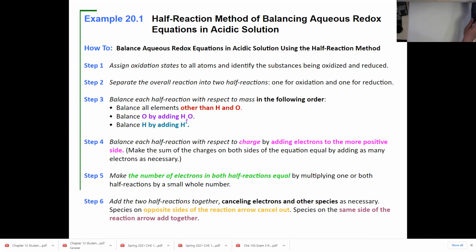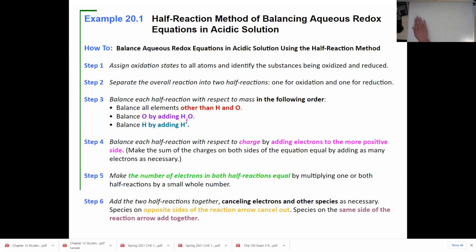And then at this step, you're going to have to make the number of electrons in both of those balanced half reactions equal by multiplying one or both of the reactions by an integer, a small whole number.